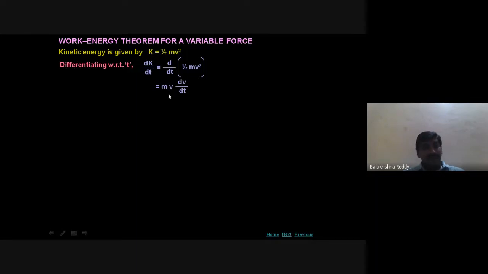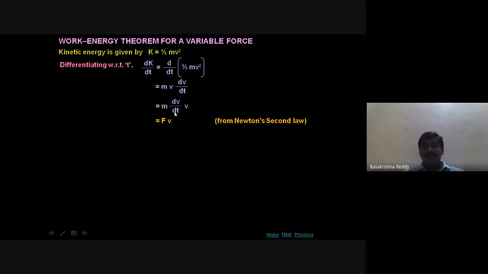Then from where has dv by dt come? Again, this v is also differentiable. I differentiated v square, so the differentiation of v gives dv by dt. So m v into dv by dt has come. Now dv by dt is nothing but acceleration.